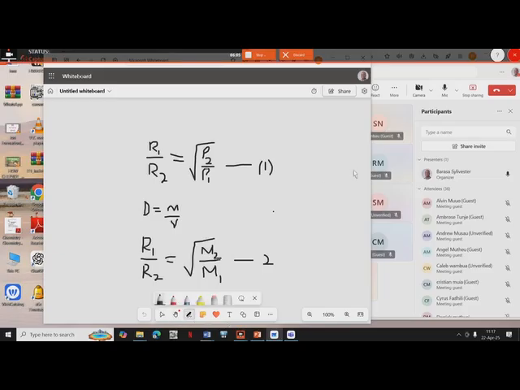Next, we can now use these equations to come up with other equations. We can derive so many equations from this one here. We can come up with several others. Now we can relate the mass of diffusion with the time taken.